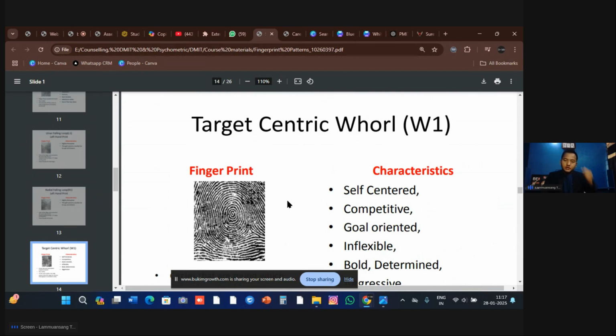So let's continue. Please remember W1, W2, W3, W4, and W7, W8, W9, W10, W11. All these are dominant personality type.